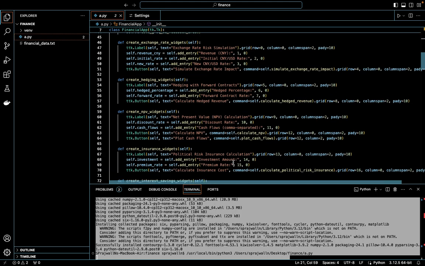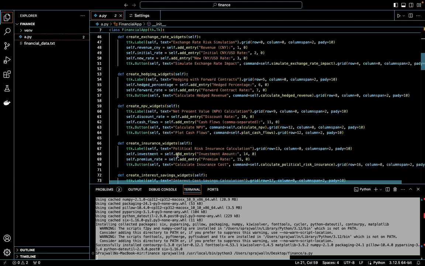So coming to insurance, political risk insurance is a very sensitive matter, because if a state is not stable, a government can be overturned overnight. For example, Bangladesh or Sri Lanka. In future, there will be many countries which have poverty rates skyrocketing.